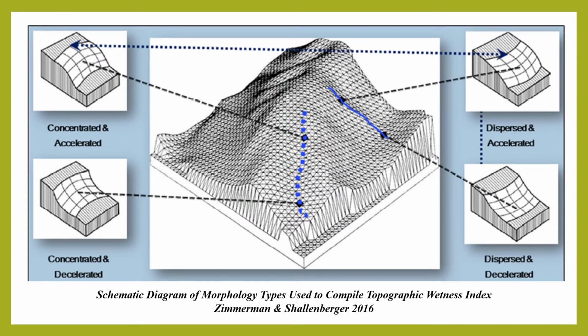Here's a nice schematic. You guys, I believe, looked this up a couple weeks ago. We talk about the morphology and the types of things that we look at to compile topographic indices. Some areas concentrate and accelerate, some areas concentrate and decelerate, some disperse and accelerate, some disperse and decelerate.